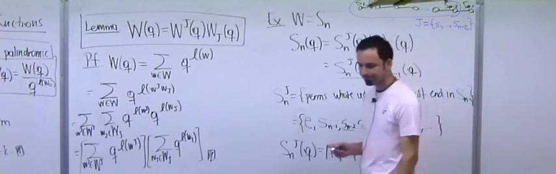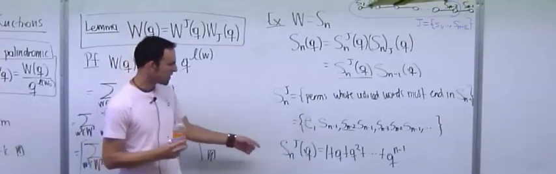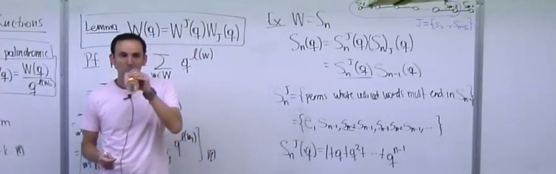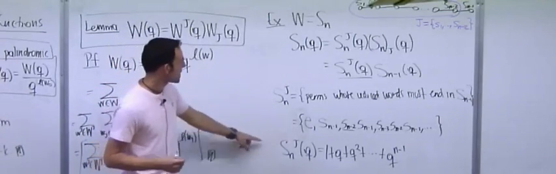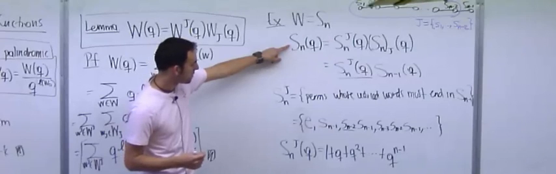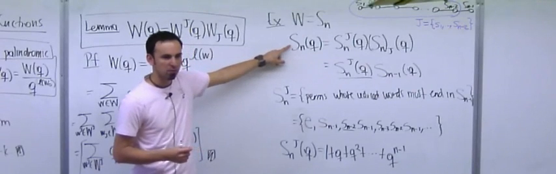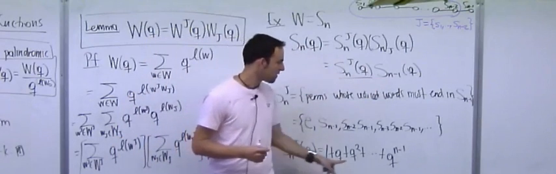Okay. And so you see actually the computation of Sn super j is very easy once you understand what Sn super j means. And so what this is saying is that to obtain Sn of Q, the Hilbert series for the symmetric group, you just go to the previous symmetric group and you multiply by this thing.